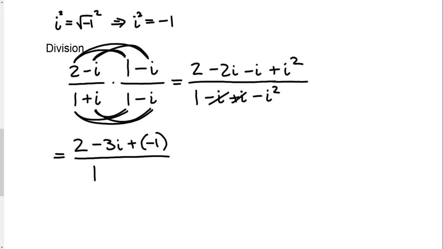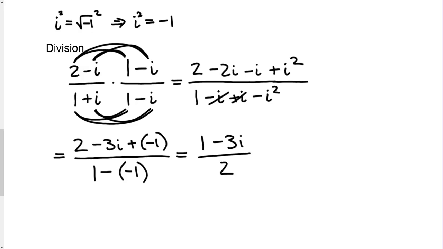Then in the denominator, 1 minus, those i's canceled in between, but I have still negative i squared, so it's going to be minus negative 1. Now, 2 minus 1 is 1, and negative 3i still exists there. And 1 minus negative 1 is the same thing as 1 plus 1, which is 2.